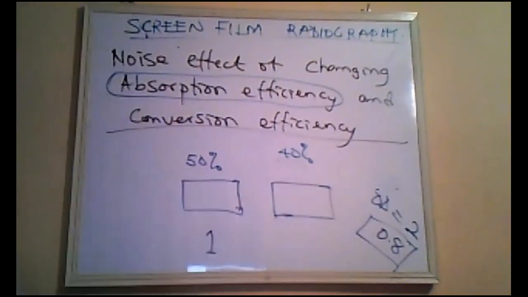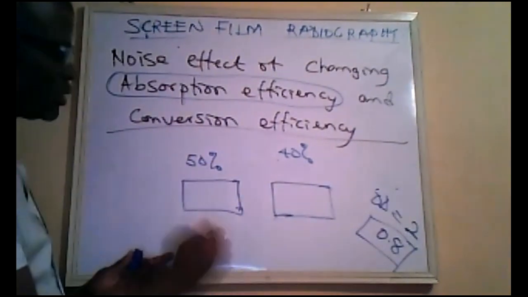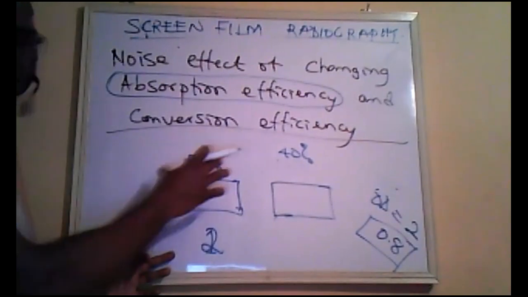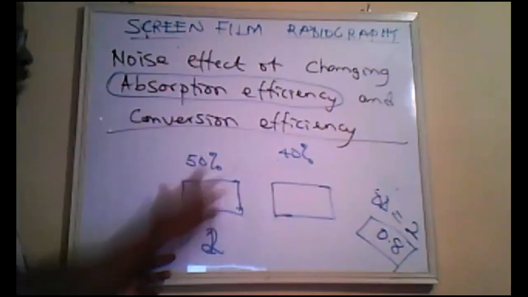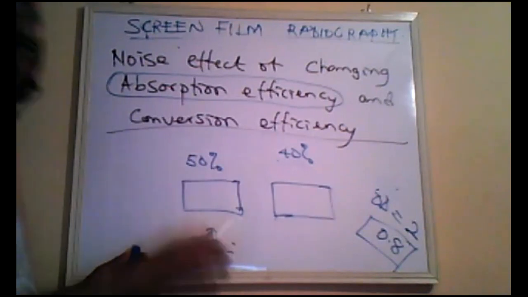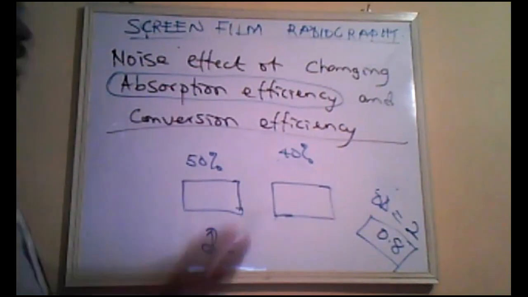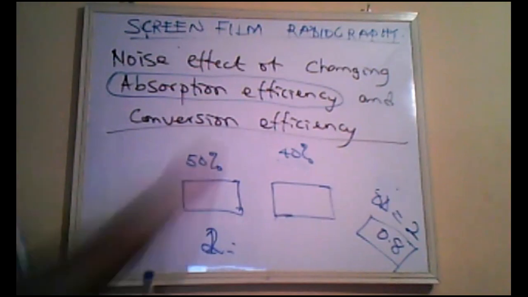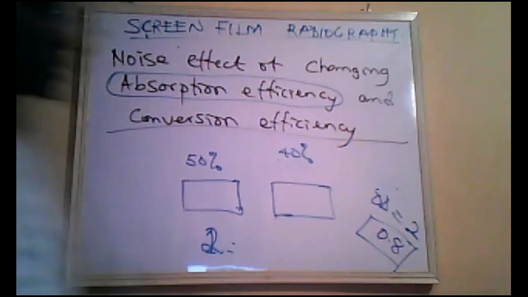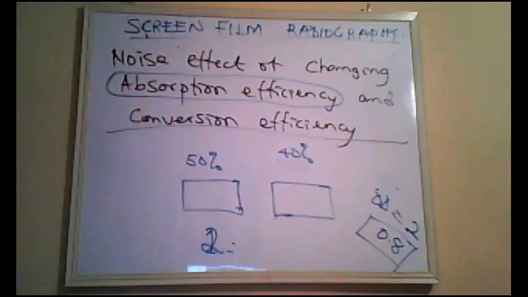Likewise, if we set it at optical density of 2, no matter how efficient this screen is, it will not stop until the optical density of that particular film has reached 2. So the conversion efficiency has got no effect on the noise level of a particular image.